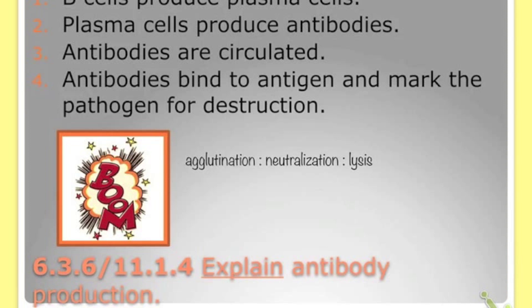And so neutralization is where an antigen will attach to the pathogen and will inhibit the production of this toxin. So we'll inhibit the pathogen from actually releasing whatever it is that it's producing. And then, like I said, the last is lysis, which is where the T killer will insert a cylindrical protein, causing the cell to lyse or explode.